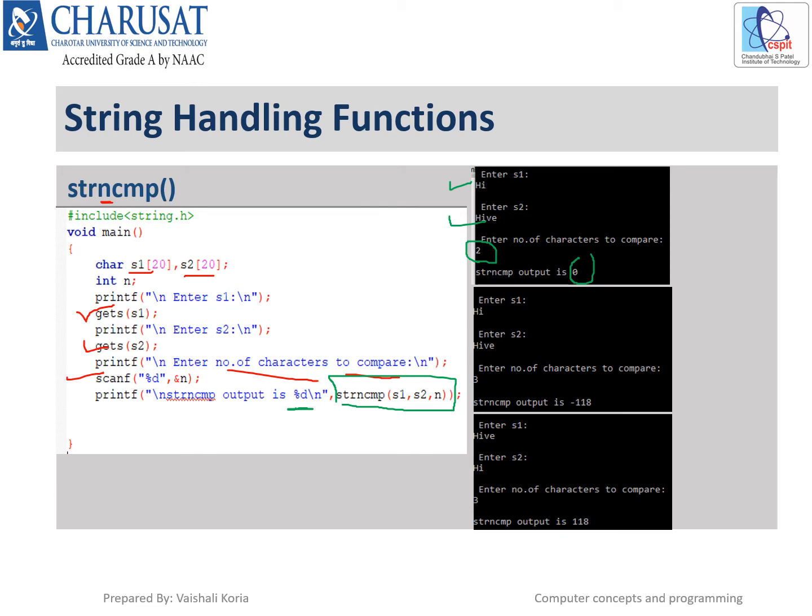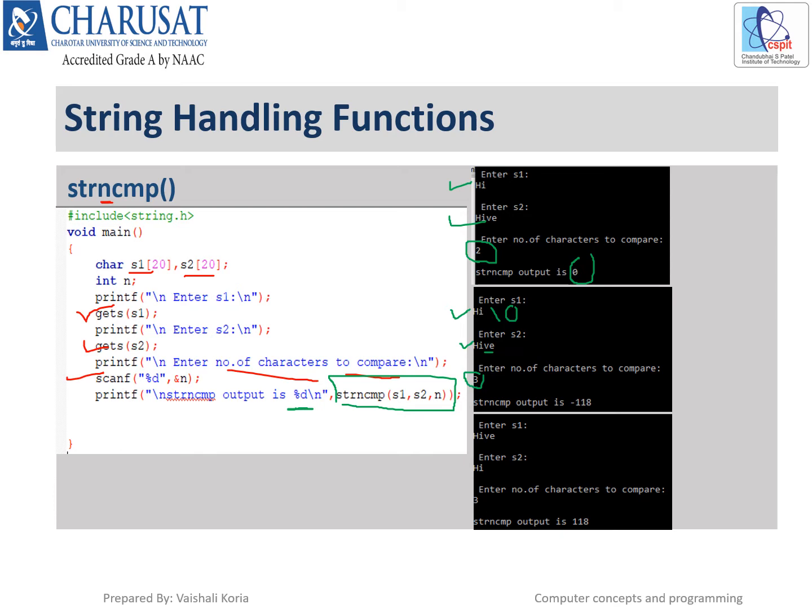So here you can see the first string is hi, high, and the second string is hive. So we want to compare the first three characters of both these strings. Two characters are the same, but the third character here would be null, and here that is V. So what will it return?